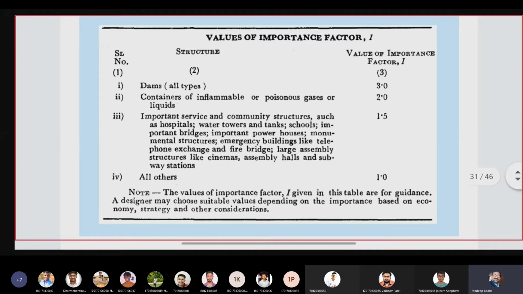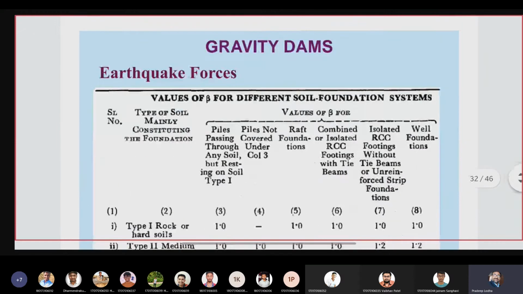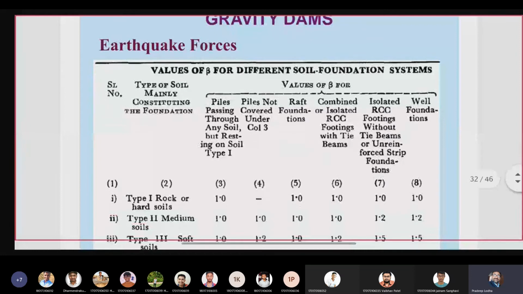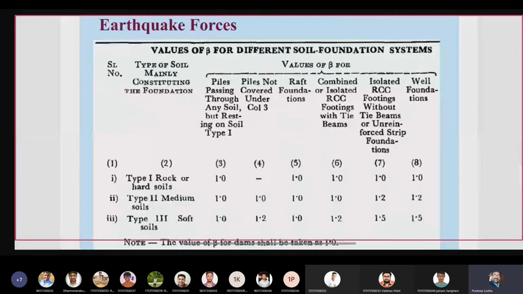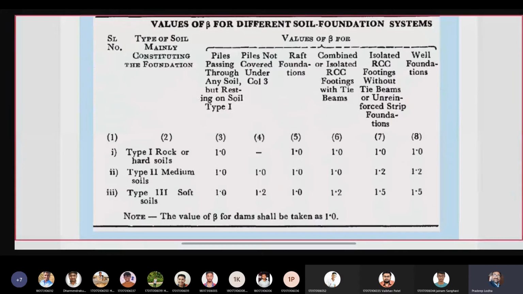So this is the I factor. Now the beta factor, for the different soil and foundation systems, like raft foundation, pile foundation, combined RCC foundation, and so on. The value of beta should be selected like this: for rock or hard soil, medium soil, and soft soil, mostly this is 1, ranging from 1 to 1.5.